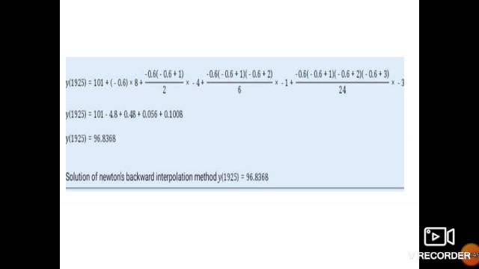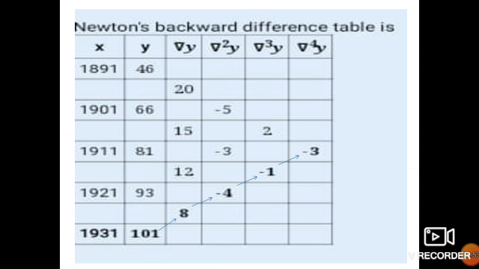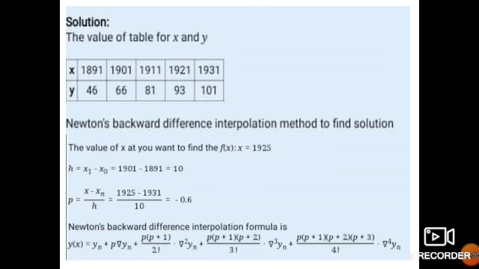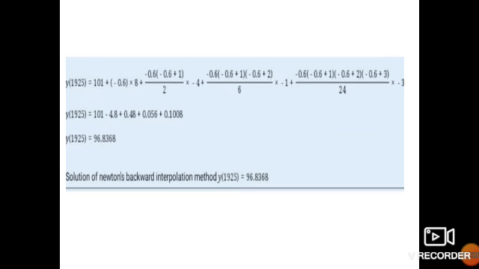And the values of p plus 1 and so on are calculated by the formula. So we apply p equals minus 0.6, and we use minus 0.6 plus 1, minus 0.6 plus 2, and these were calculated here. Okay, after completing the calculation, we have the answer.